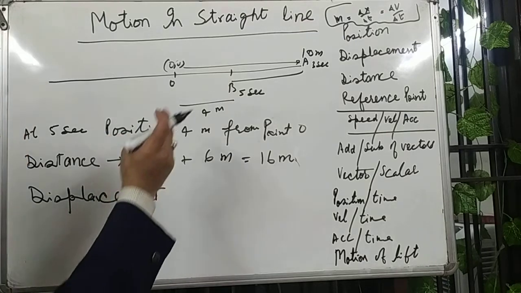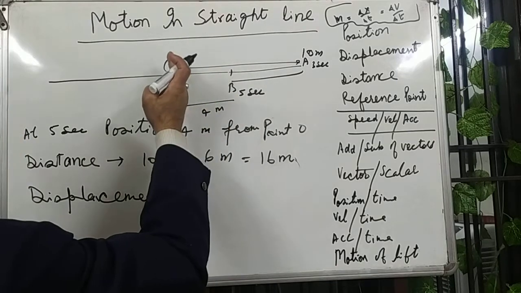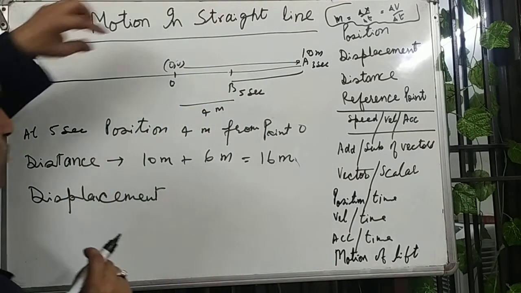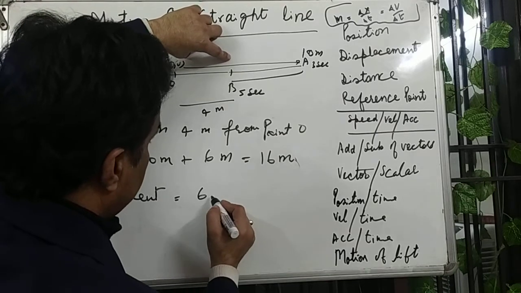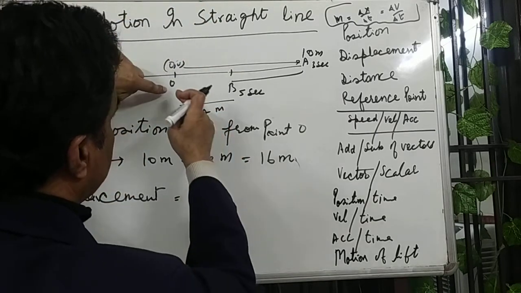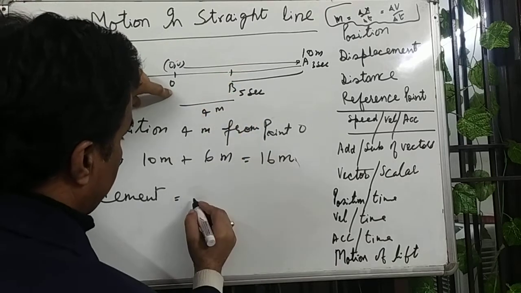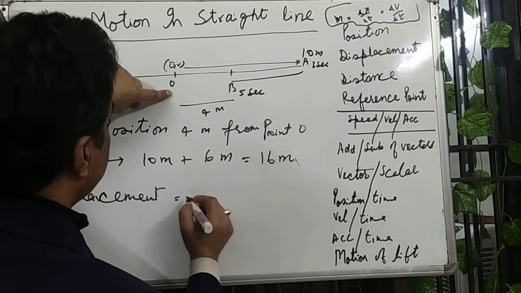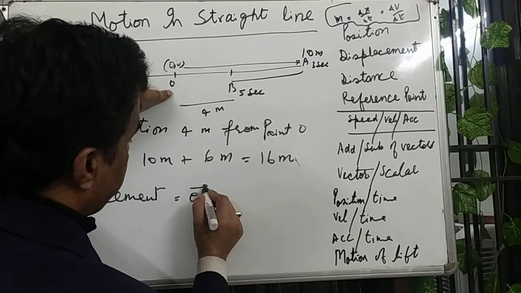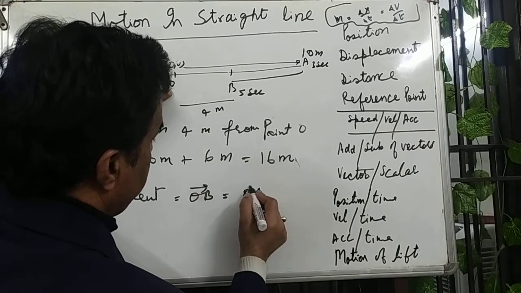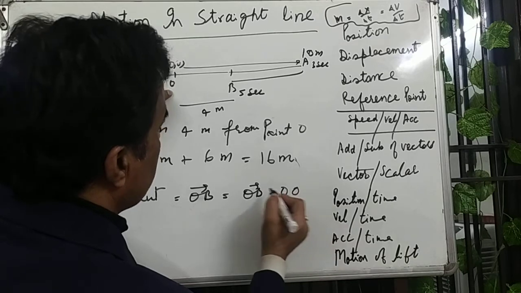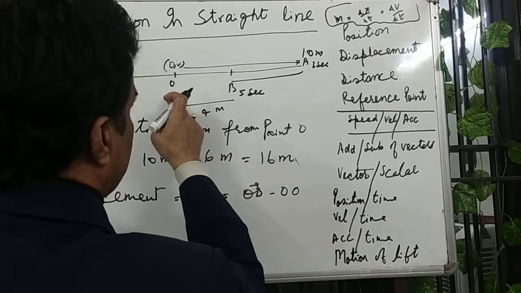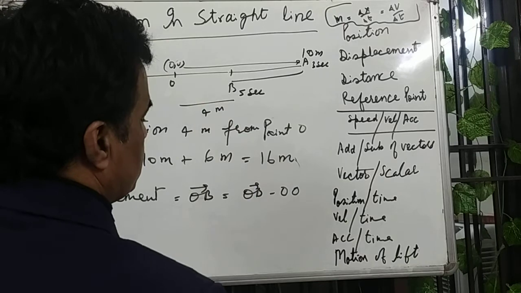So displacement is final position minus initial position. The final position is 4 meter from 0. So the displacement is OB minus O. You can write O or only O. This is the final position minus initial position.